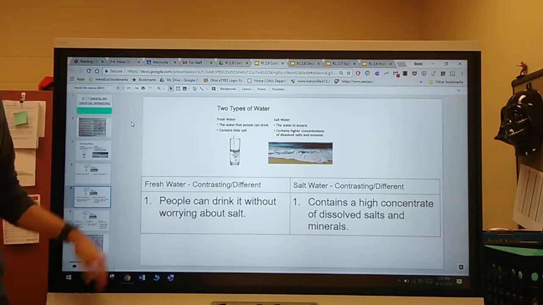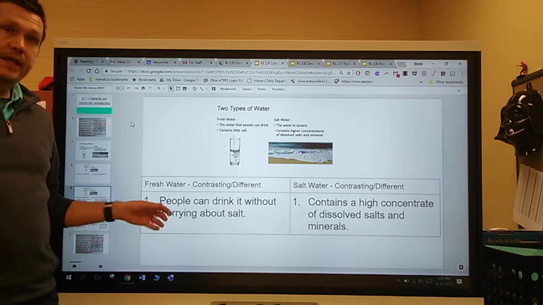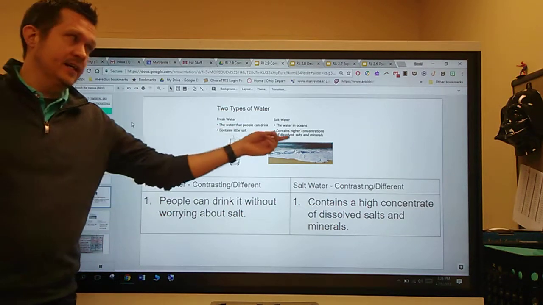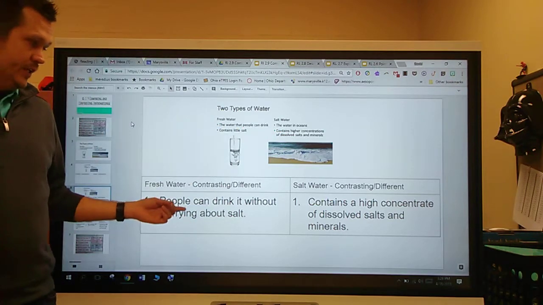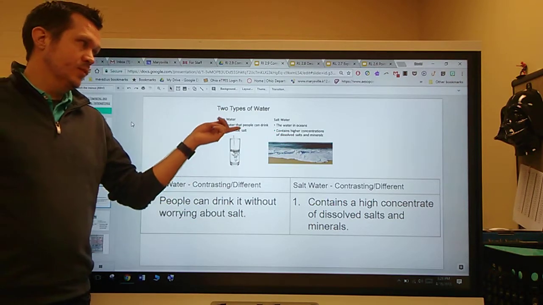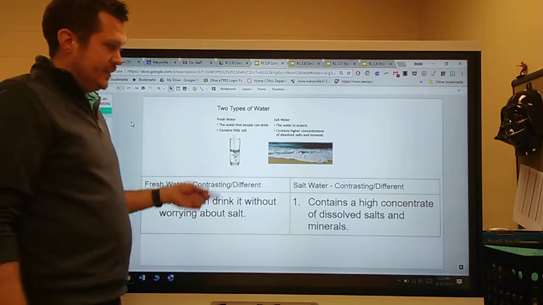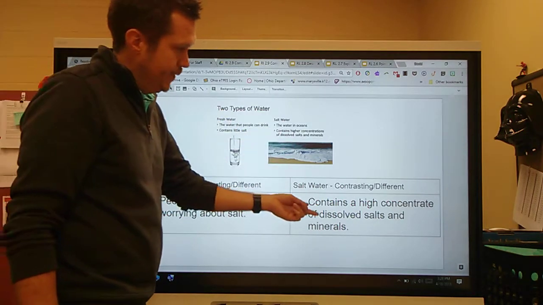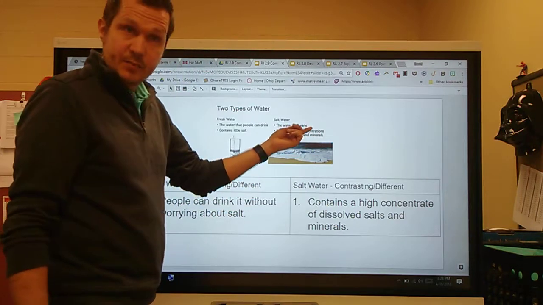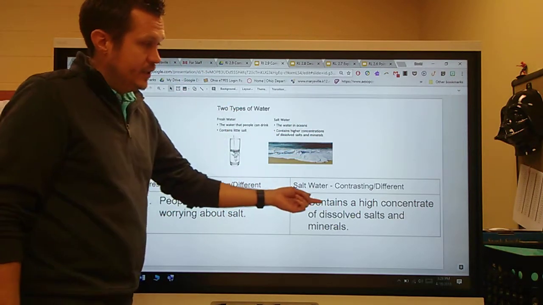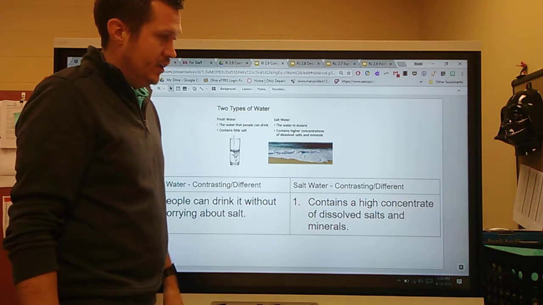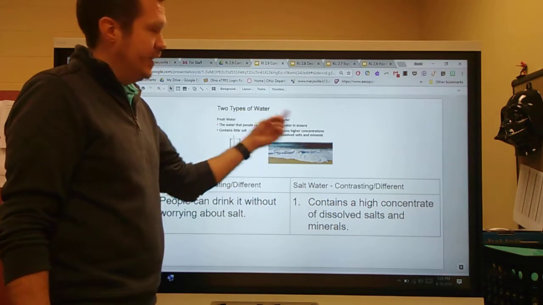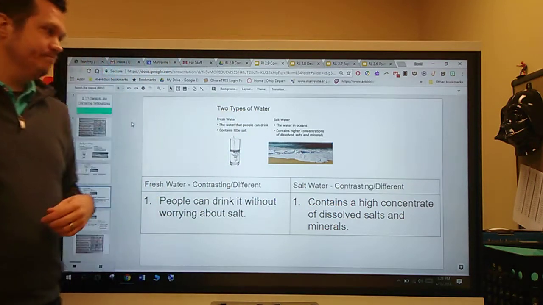One key point in this one that's not in this one is that people can drink it without worrying about salt. So that's a key point made in this passage that was not made in the other. And a key point made in this passage and not in the other is that it contains a high concentration of dissolved salts and minerals.